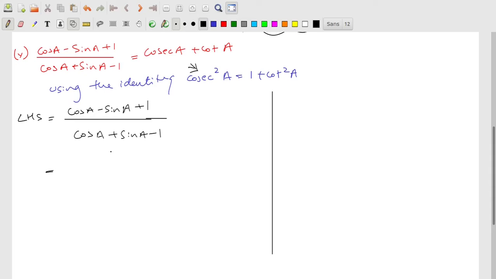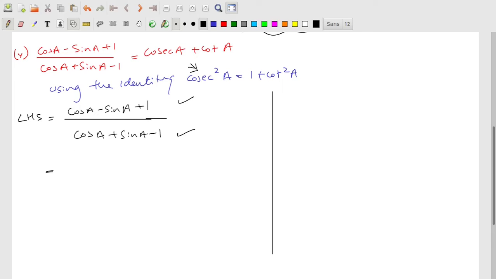So how will you get cot? Cot is the ratio of cos by sin, and cosecant is 1 by sin. So to get cot and cosecant, I will divide both the numerator and denominator by sin A. If you divide cos by sin you will get cot, sin and sin will cancel out, but 1 by sin you will get cosecant, right?